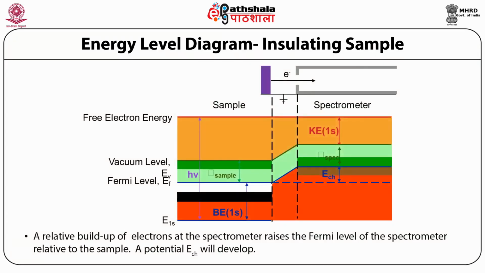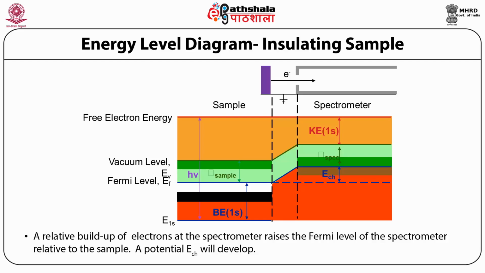This is a sample spectrometer energy level diagram for a non-conducting sample. In an insulating sample, the emitted electrons cause a positive potential, which subtracts from the kinetic energy and keeps increasing until electrons from the surroundings limit the potential of the sample. For insulators, the conduction band is empty, and such a connection does not exist.